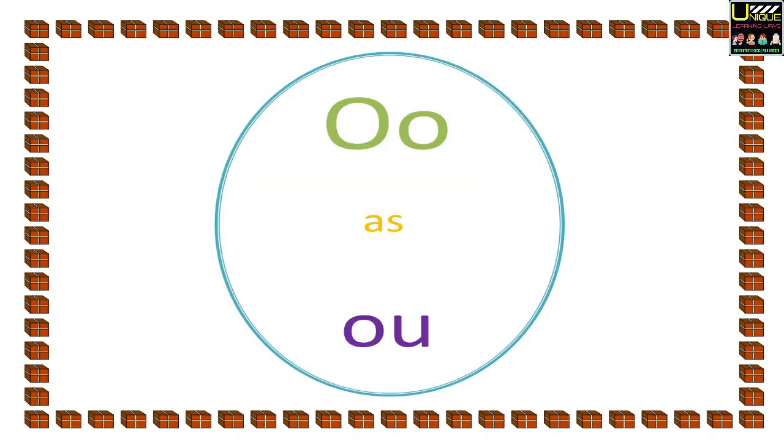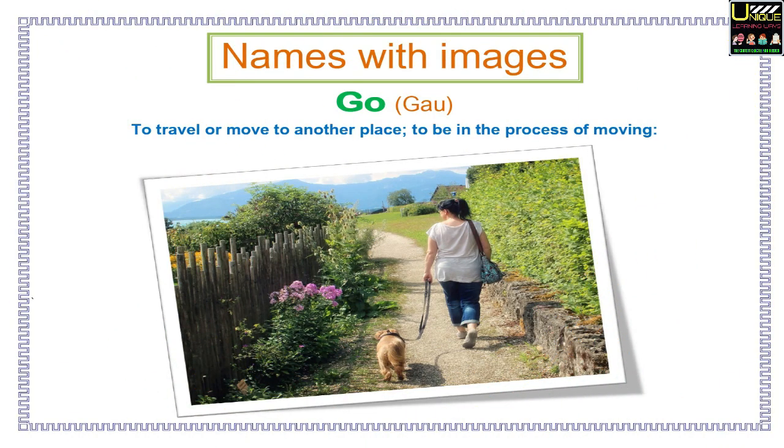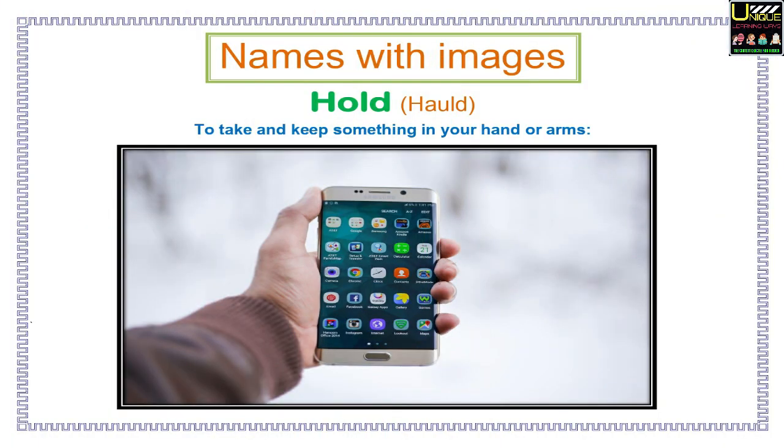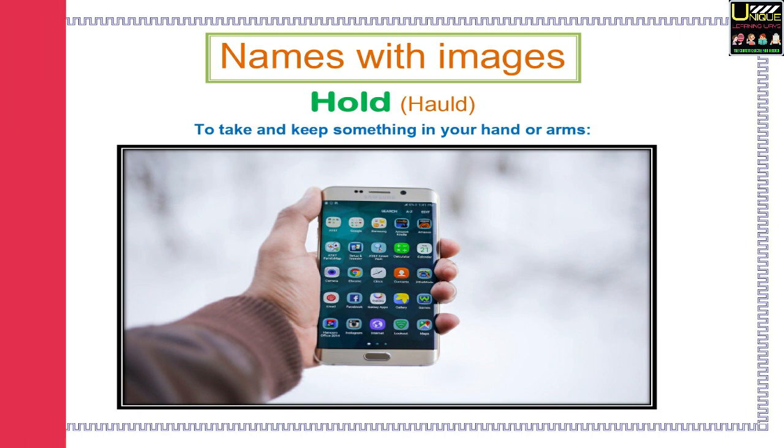O as O. Names with images. Here I have a word with its pronunciation, explanation, and an image for you. Go: to travel or move to another place, to be in the process of moving. Hold: to take and keep something in your hand or arms.